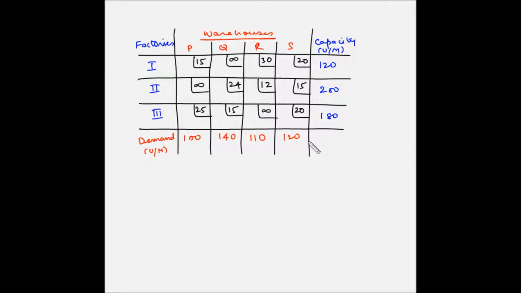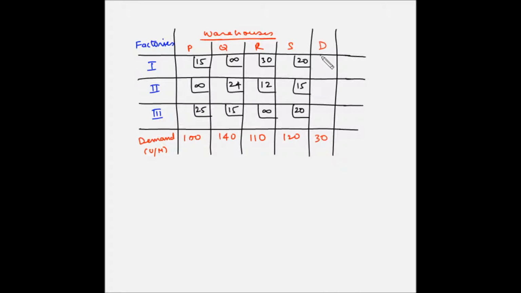So let me modify this transportation table to add a dummy source of demand. So let's call this column D for dummy, and this will have a demand of the difference between the total supply and total demand. So earlier our total supply was 500 while the total demand was 470. So 500 minus 470, which is 30, is the differential. So we'll add 30 here as additional demand.